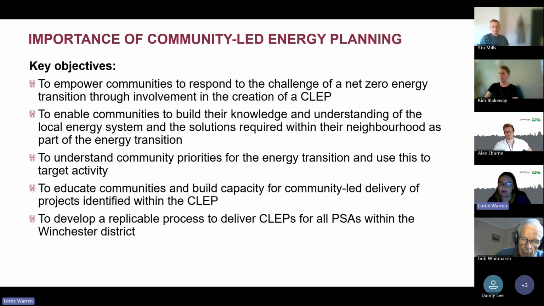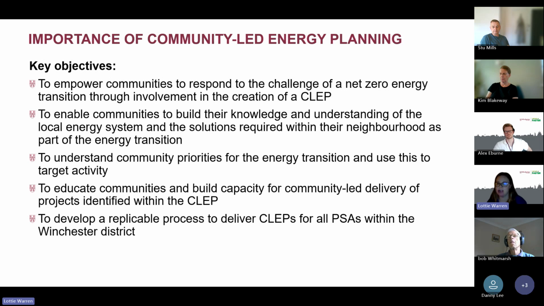Then we'll be examining that and looking at the benefits of this project. We're hoping to get some really interesting findings from it that will build into not only our understanding of the area, but also SSEN's. Once we've had all that, we'll re-examine whether this is something we can roll out to all the districts. We're hoping that this is going to show that it's a really useful exercise and that it can be replicated.